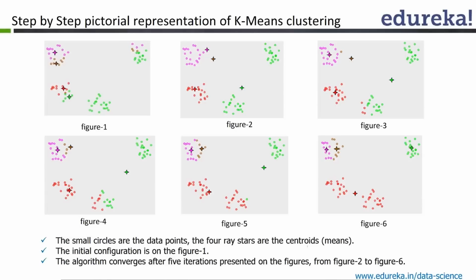Okay, so I have a bunch of people in my data set, and for every person I have these two attributes that I got from the data, and I can plot it in my two-dimensional space, and I can see that there are two clusters in this particular picture.